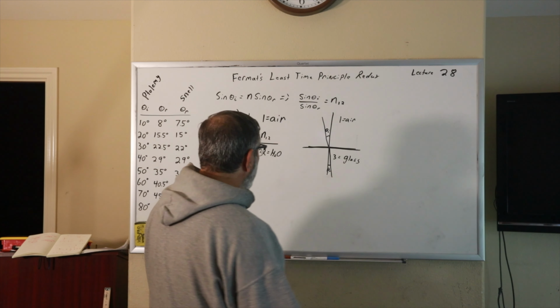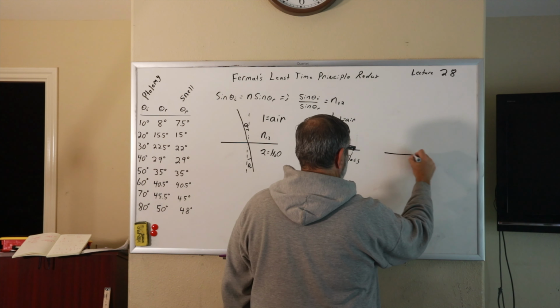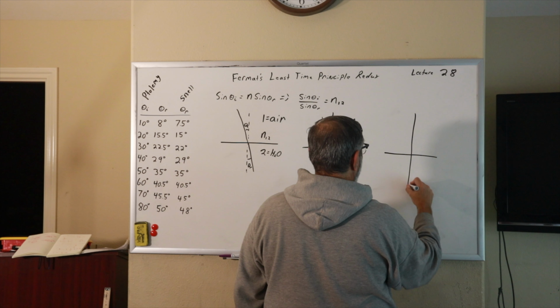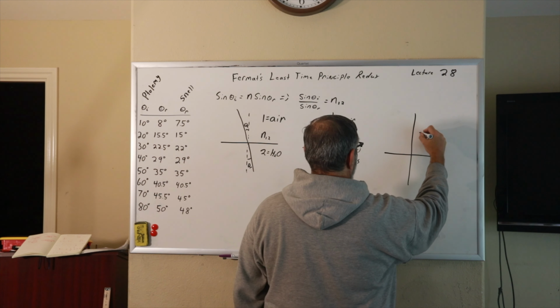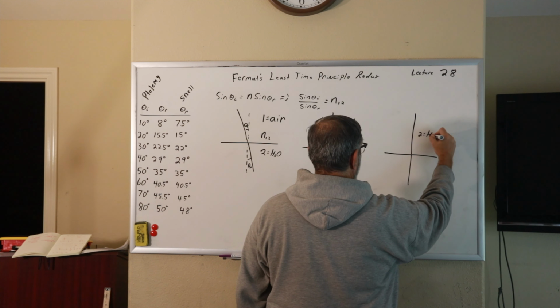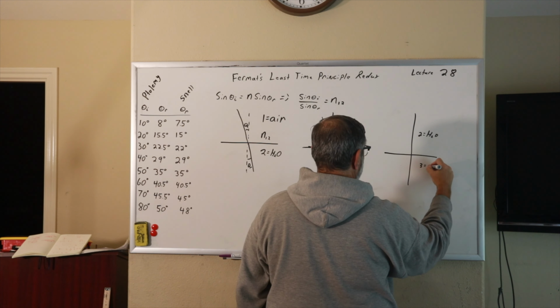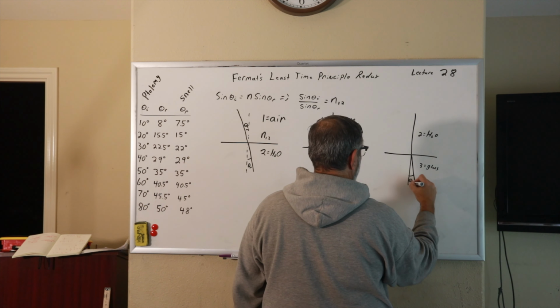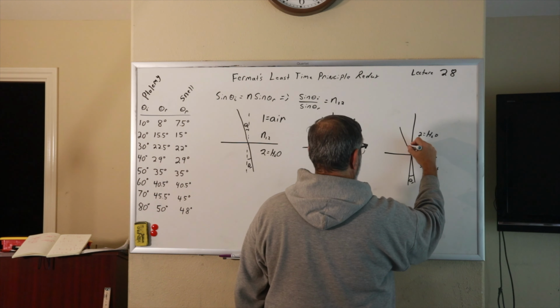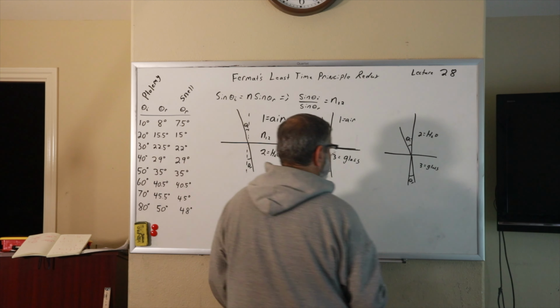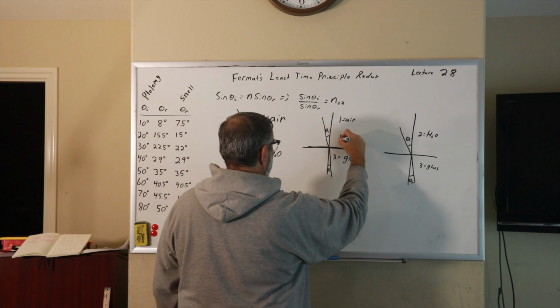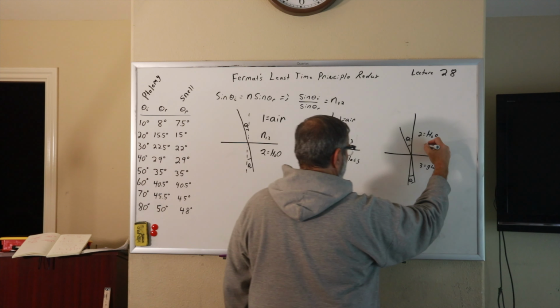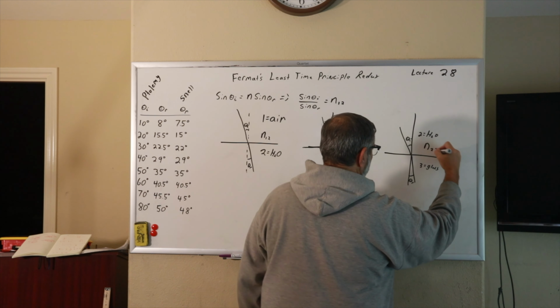And finally, we can make a third measurement between water and glass. This would be n_1,3, and this we could write as n_2,3.